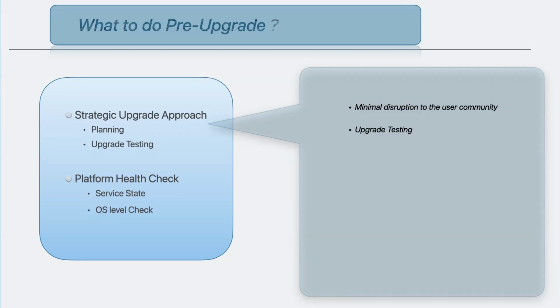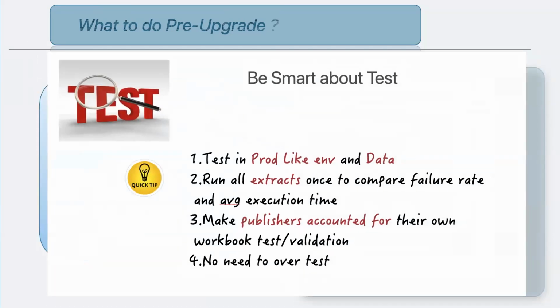During testing, what we recommend as the key important thing is you need to test the upgrade in a prod-like environment and data. That means you need an environment with an almost equivalent number of nodes like production and the same data content.